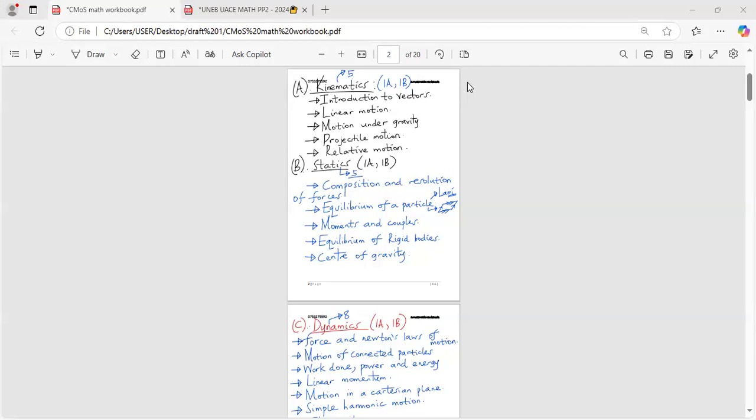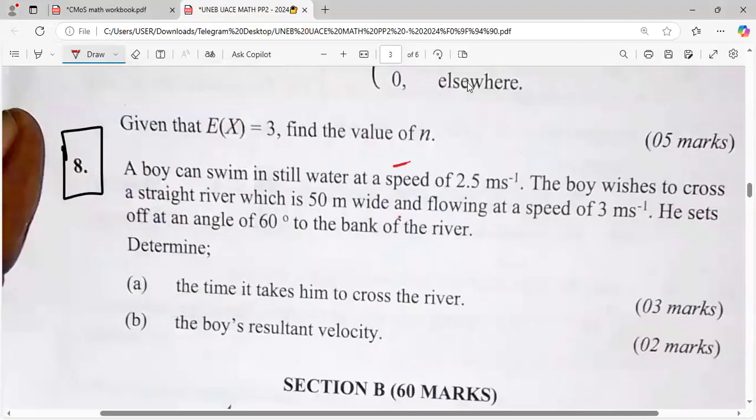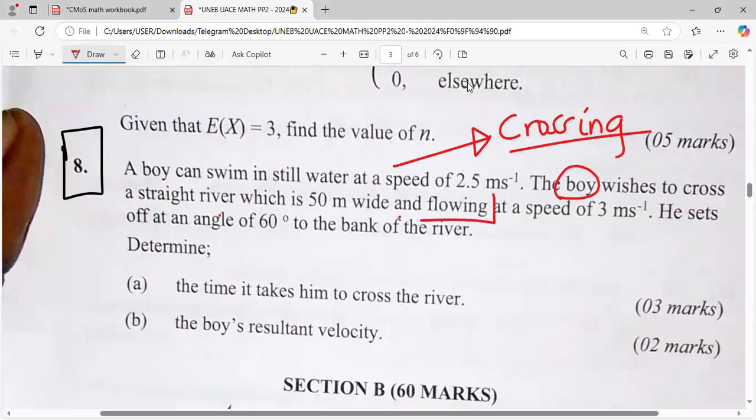Okay, so this is a question. Every time you see people talking of crossing a river, crossing a river is a topic in relative motion. In simple terms, every time you see motion of two things being studied, relative motion means something is moving relative to the other. Here they are talking of a boy swimming and water flowing.